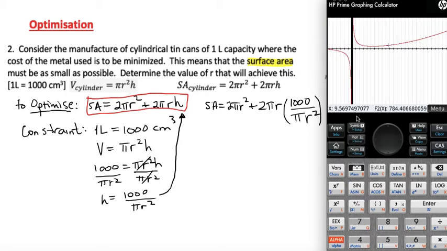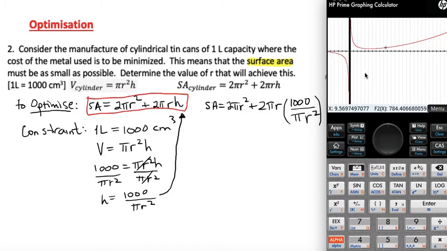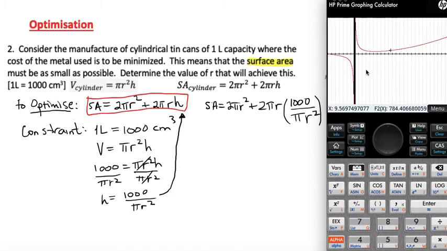Once we plot this, and your plot may look different, on the x-axis here are all the possible radii, and over here we have all the possible surface areas. We're not interested in the negative part of this curve because we can't have negative radii.